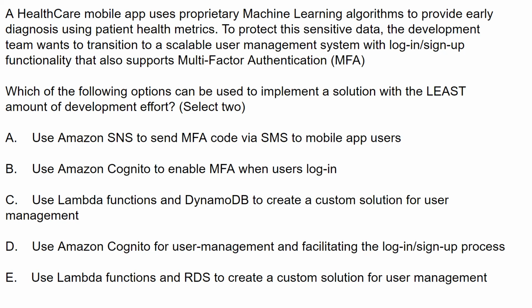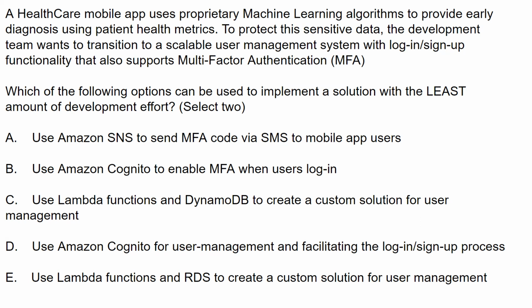A, use Amazon SNS to send MFA code via SMS to mobile app users. B, use Amazon Cognito to enable MFA when users log in. C, use Lambda functions in DynamoDB to create a custom solution for user management. D, use Amazon Cognito for user management and facilitating the login sign-up process.